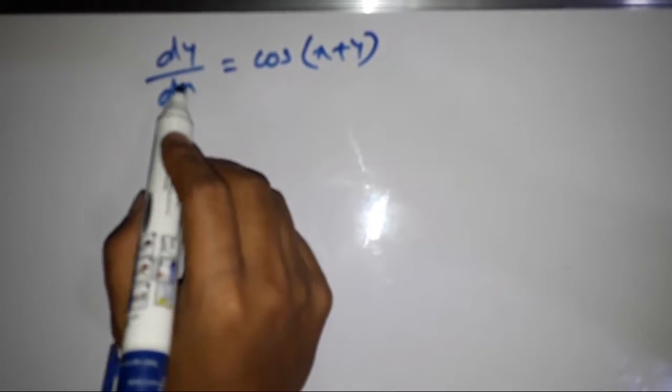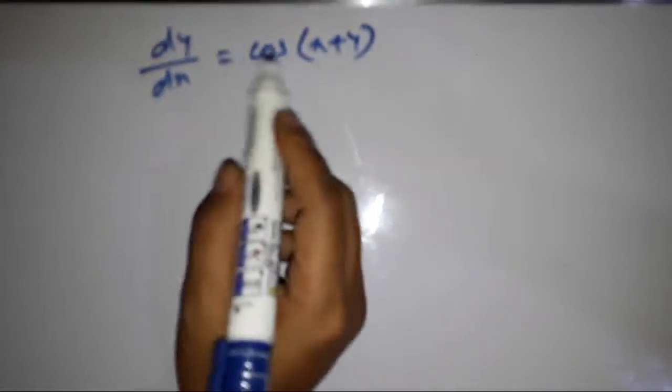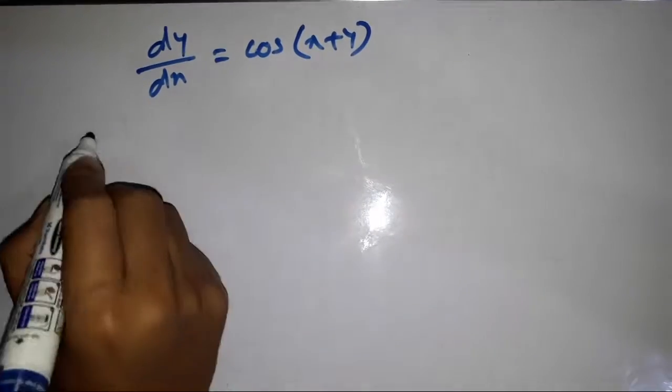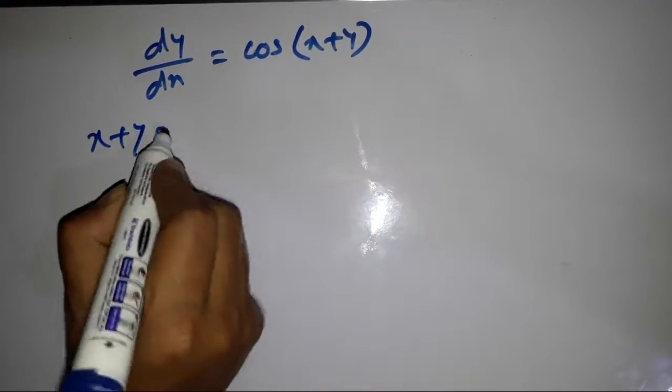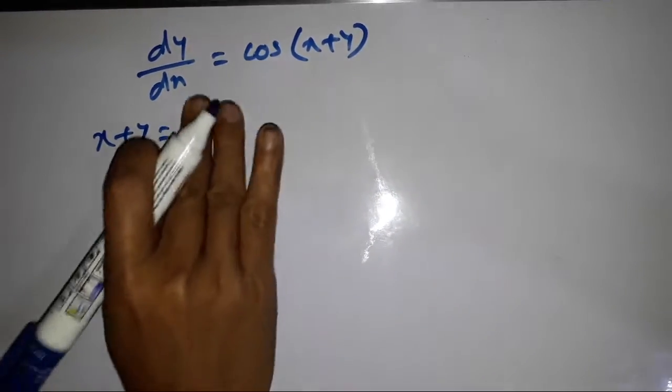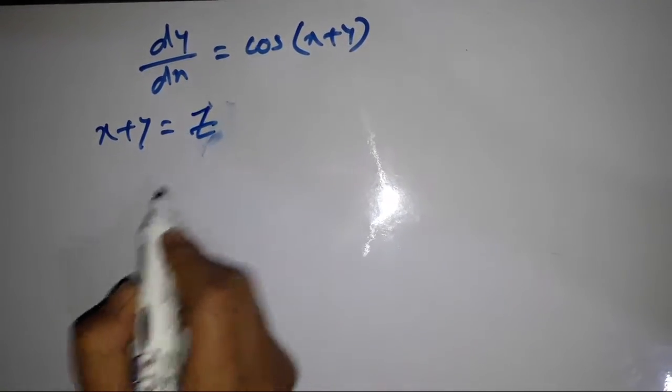We take the equation dy/dx = cos(x + y) as given in our question. Now we replace x + y by a small variable z. Clear?